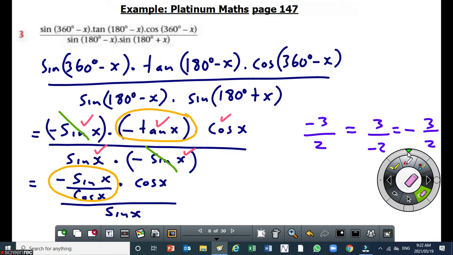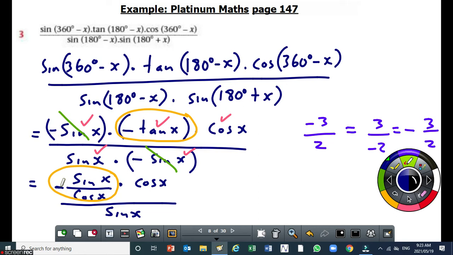But make sure you're aware of that when it comes to division. So either I can make the numerator negative, or I can make the whole fraction negative, or I can make the denominator negative. The result will still be the same. Alright, any more questions?